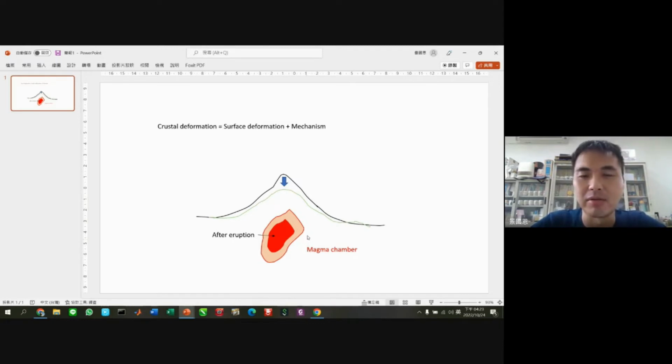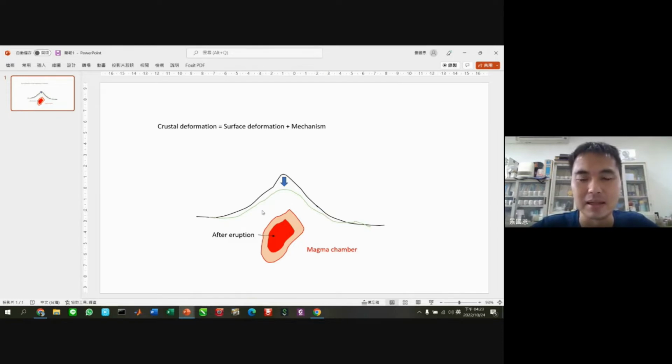So this case just shows us that although the mechanism or the source is just like a point, imagine that it is a point, the change of the surface deformation pattern is like a phase or an interface.